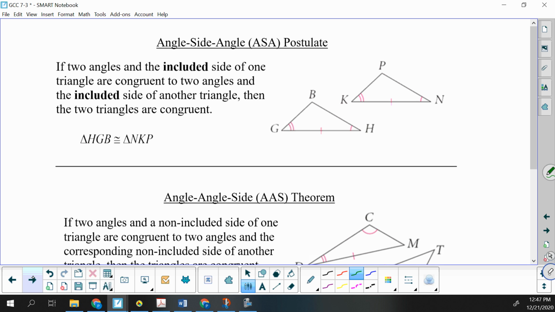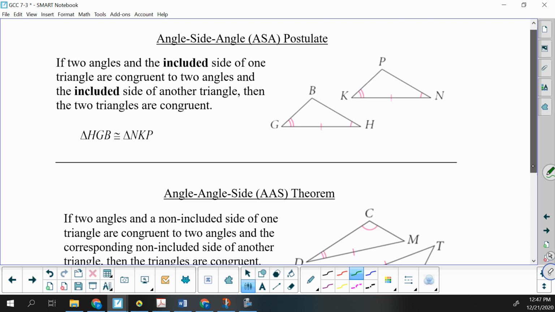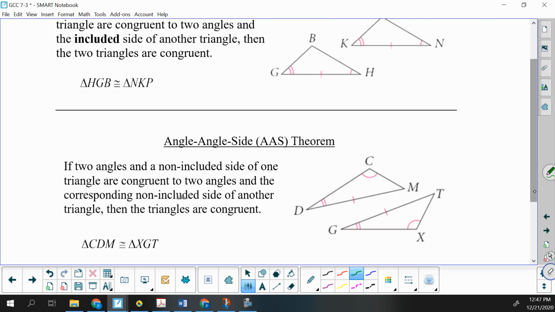Moving over to page 11, another one that we have is the angle side angle postulate. So what this is saying is you have a set of congruent sides that are sitting in between a set of two congruent angles. And then below that, another one we have is the angle, angle, side theorem. That's when you have a set of two angles and the side is not in between.